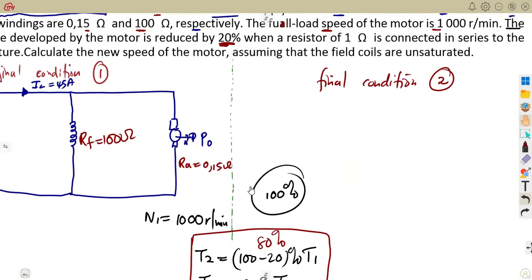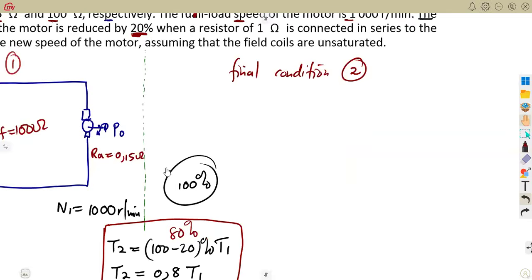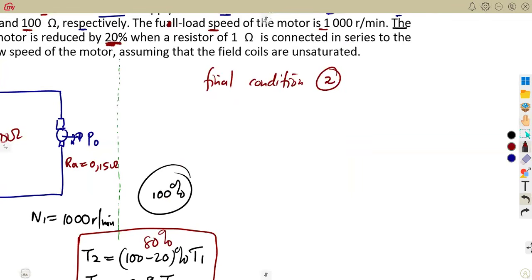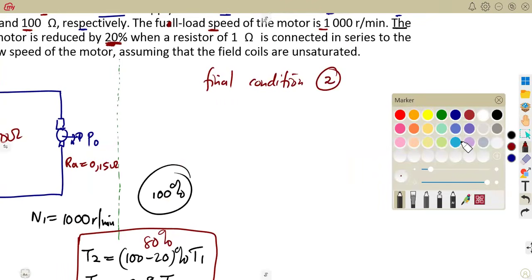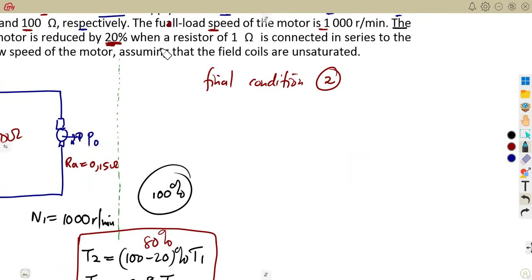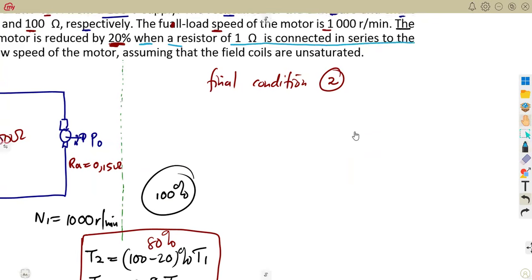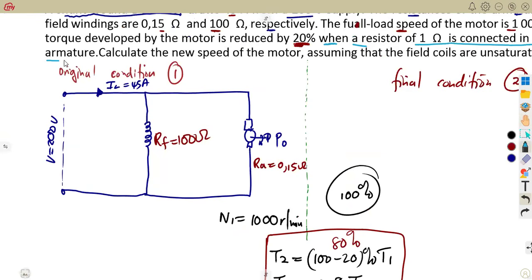When this torque is being reduced, this is the condition that made that: a resistor of 1 ohm is connected in series to the armature.